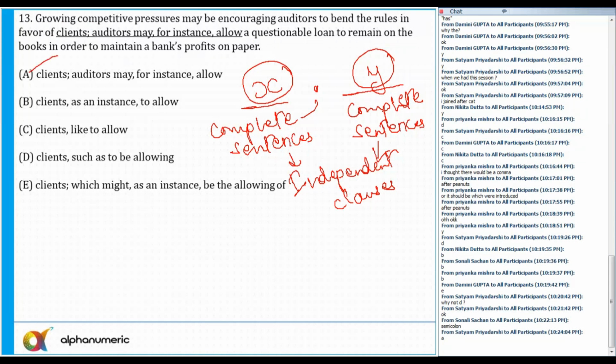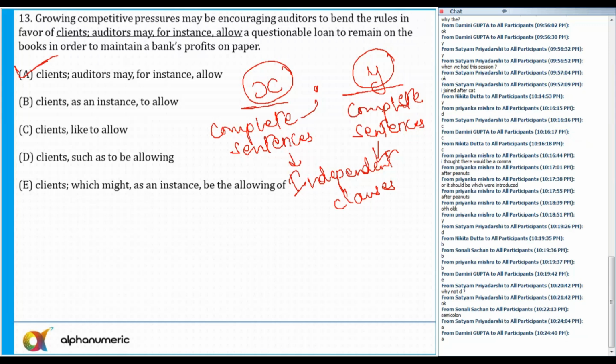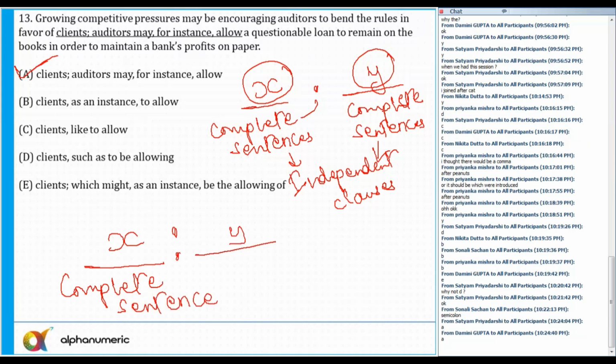Okay, so I think there is no error. The answer is A. There is no error over here. The difference between a semicolon and a colon is that in a colon, whatever comes first has to be a complete sentence, and whatever comes after is called a dependent clause.